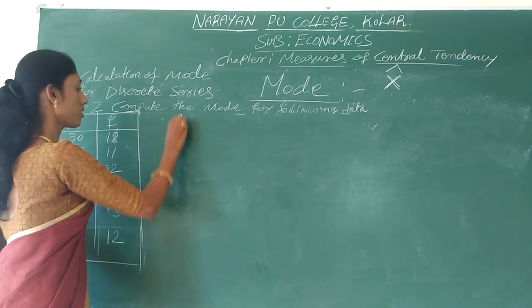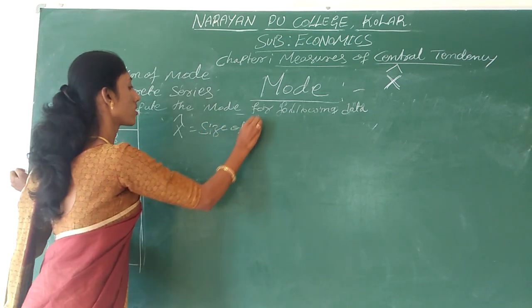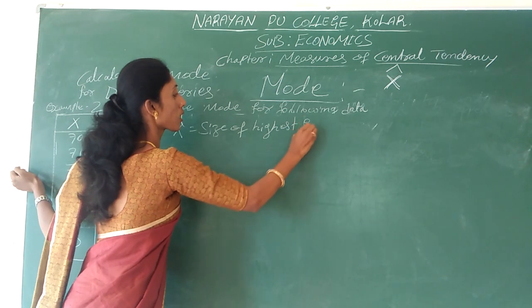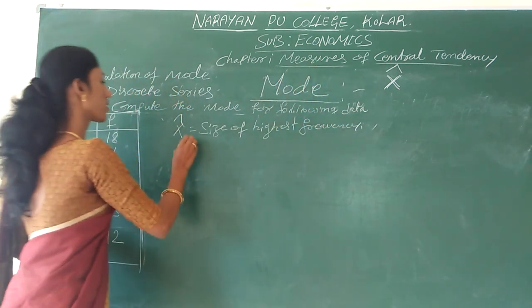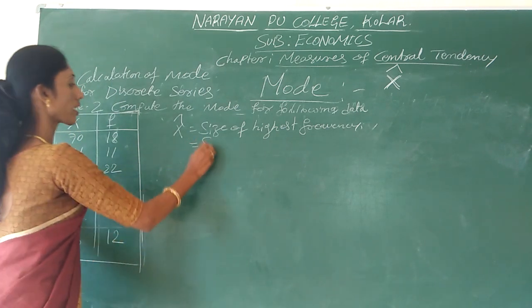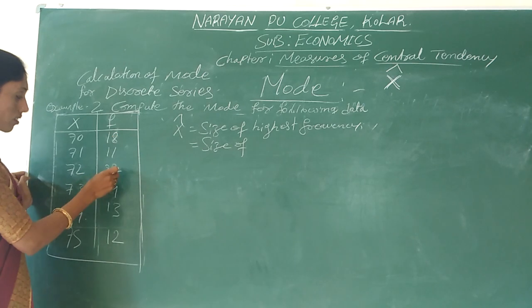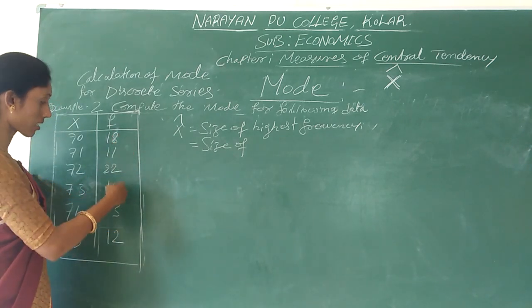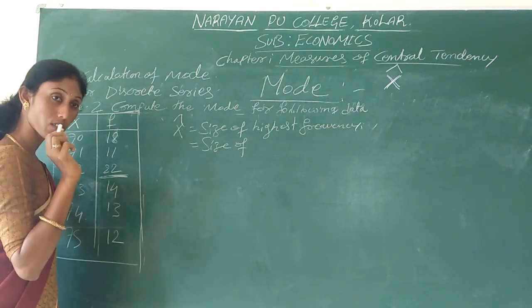Again, the formula is: mode is equal to size of highest frequency. Which is the size of highest frequency? Compared to the neighboring preceding and succeeding values, 22 is the highest frequency, right?